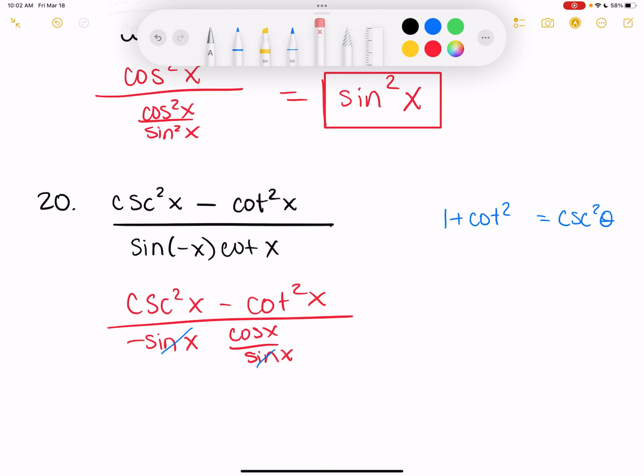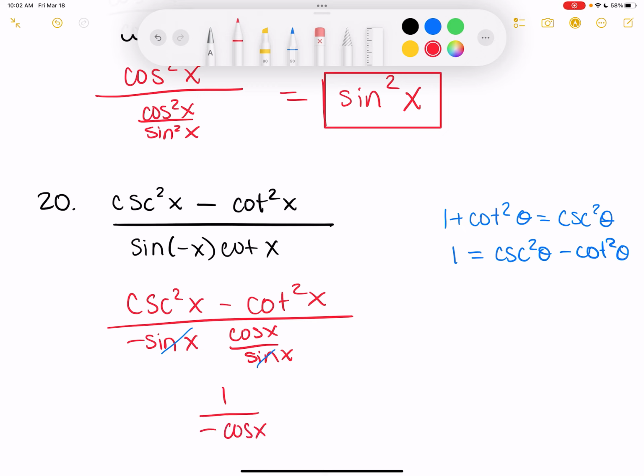Now I have cosecant and cotangent on the same side, so I'm going to subtract cotangent over. So 1 is equal to cosecant squared of theta minus cotangent squared of theta. I can rewrite the top as 1. So then I have 1 over minus cosine of x.